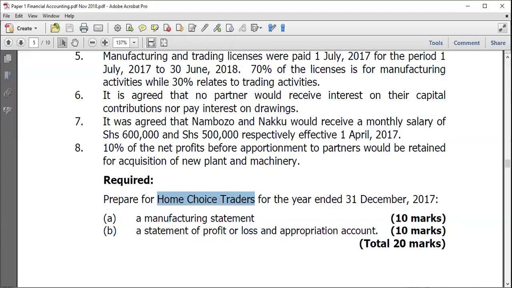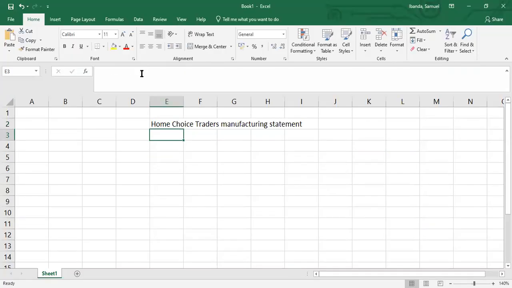So, that is what we basically have right there.